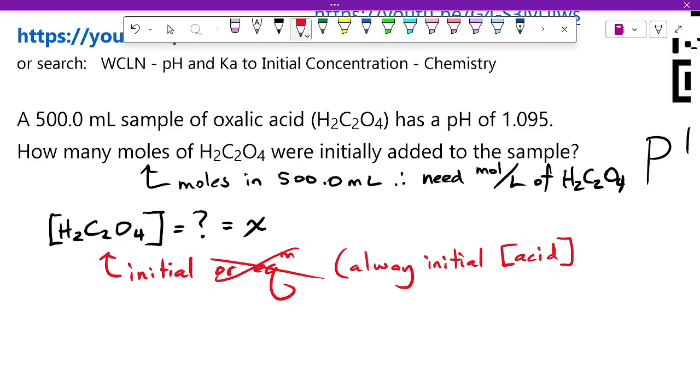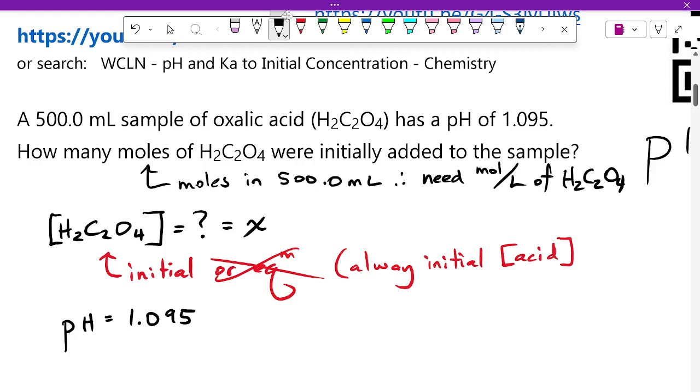What other information are we given? We're given pH. pH is equal to 1.095. Is that useful to us for solving these kind of questions?